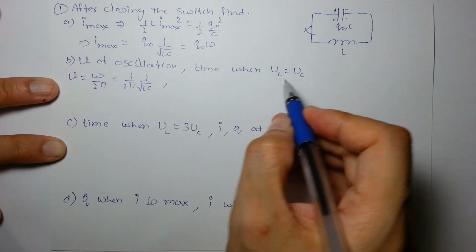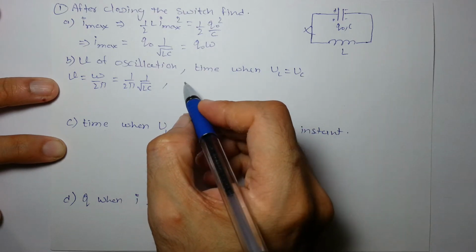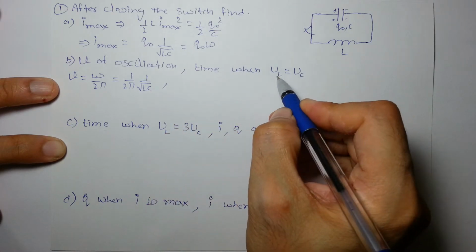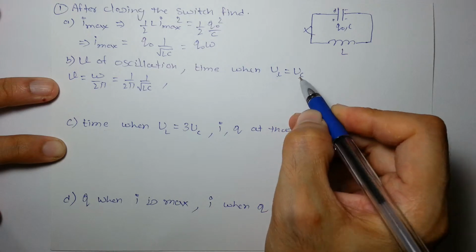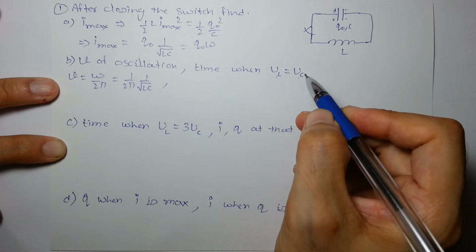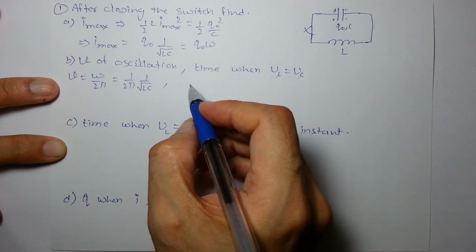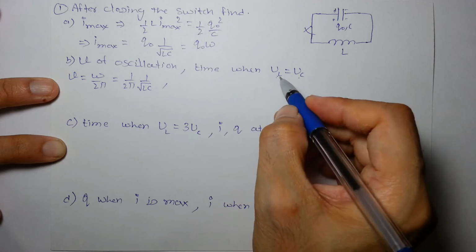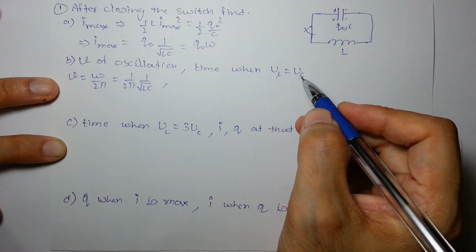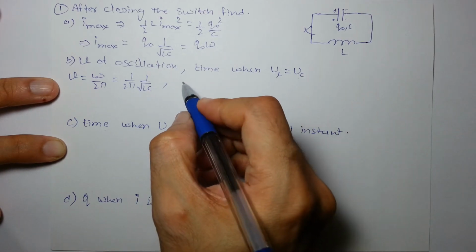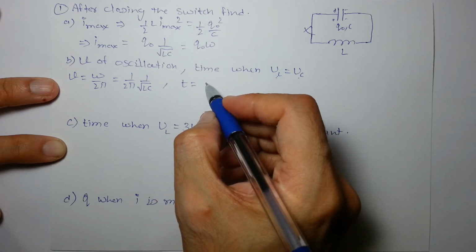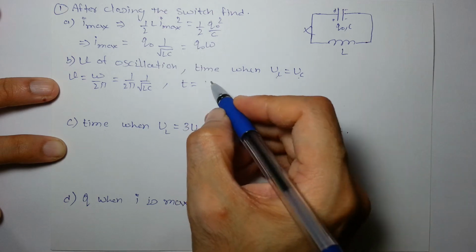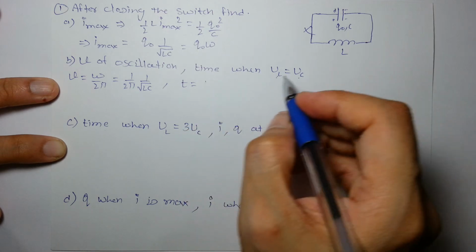Now find the time when UL equals UC. One is sine square, another is cos square curve. So when they are equal, I can say the phase omega t is pi by 4. Or we can just use the equations.